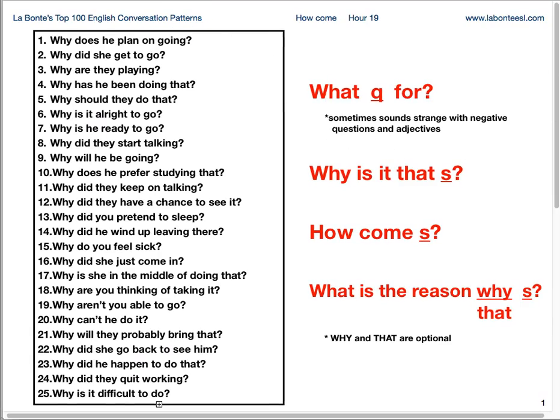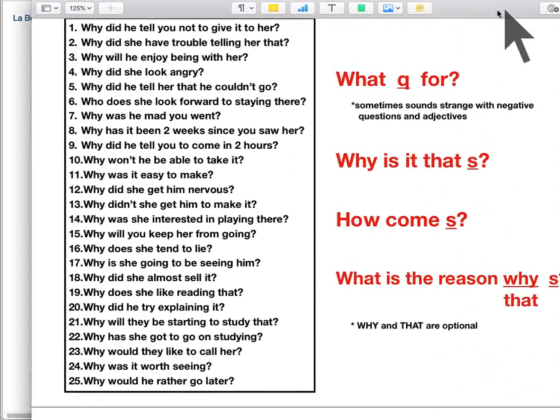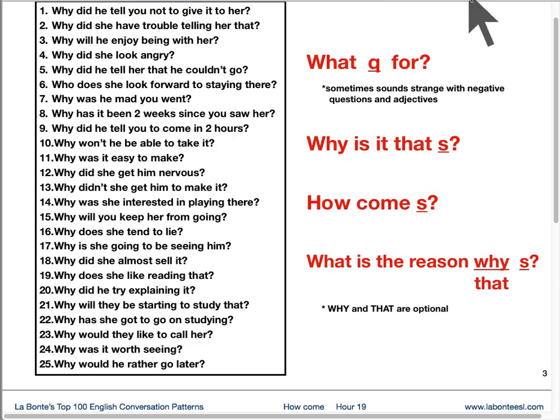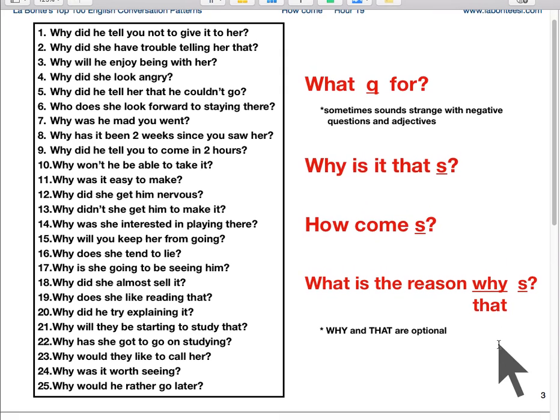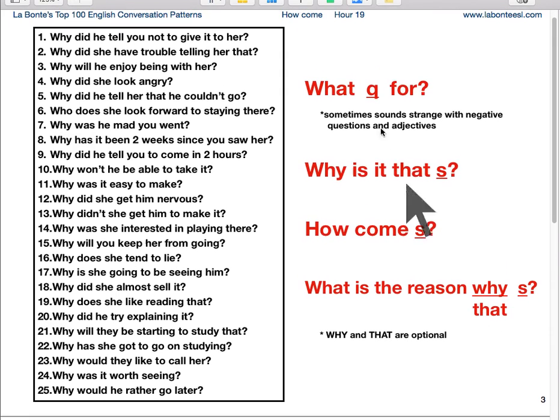So you will have a total of 75 questions that you will be converting from why to what for, why is it that, how come, and what is the reason why. So it will give you a bit of help in becoming familiar with those patterns.